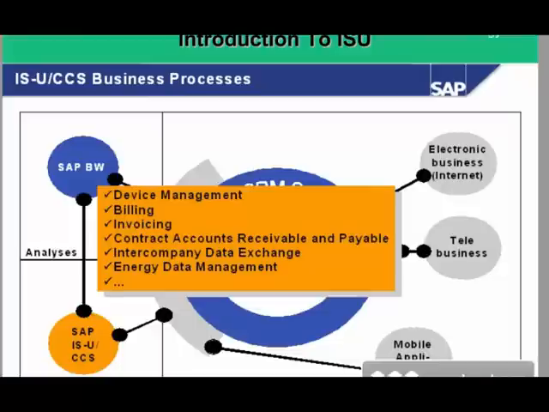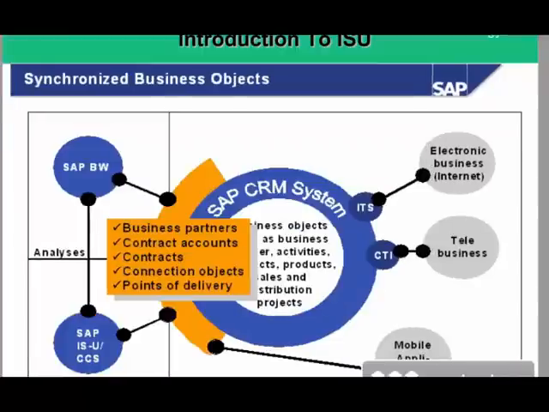SAP ISU is the master for device management, billing, invoicing, contract account receivable and payable, intercompany data exchange, and energy data management. These are the modules in the SAP ISU system. Data entities that get exchanged between SAP CRM, BW and ISU are business partner, contract account, contract, transaction object and point of delivery.